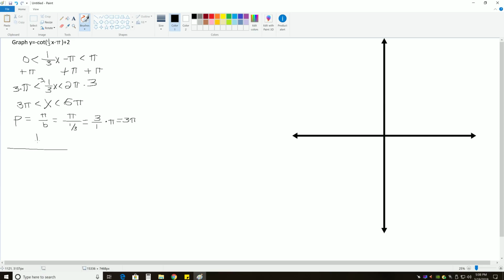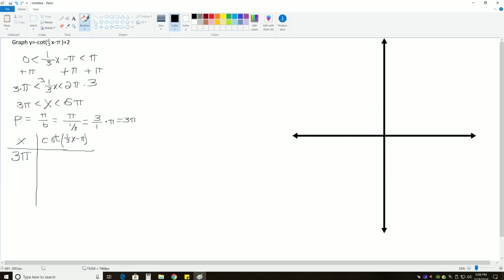and it's at this point that we now need to create a table for our x and cotangent of 1/3 x minus pi. So we start with our phase shift, which is this 3 pi on the left.